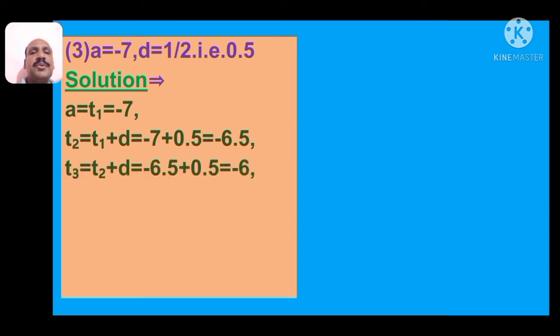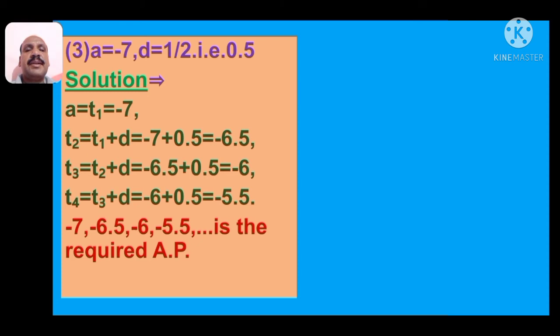T3 is equal to T2 plus D is equal to minus 6.5 plus 0.5, which is equal to minus 6. T4 is equal to T3 plus D is equal to minus 6 plus 0.5, which is equal to minus 5.5. Minus 7, minus 6.5, minus 6, minus 5.5, dot dot dot is the required AP.